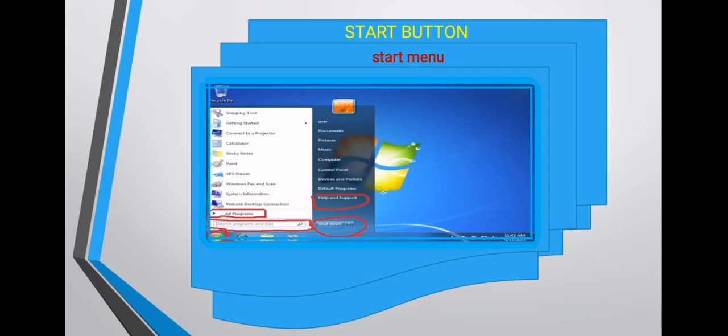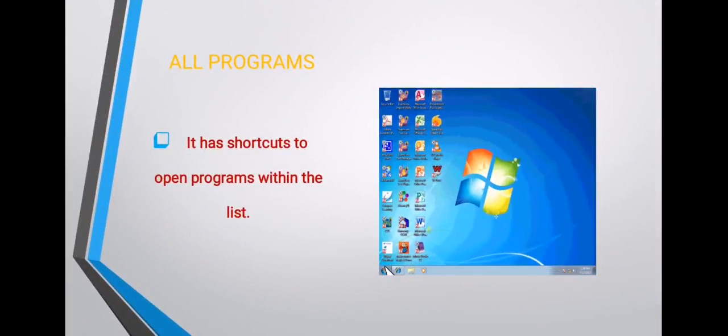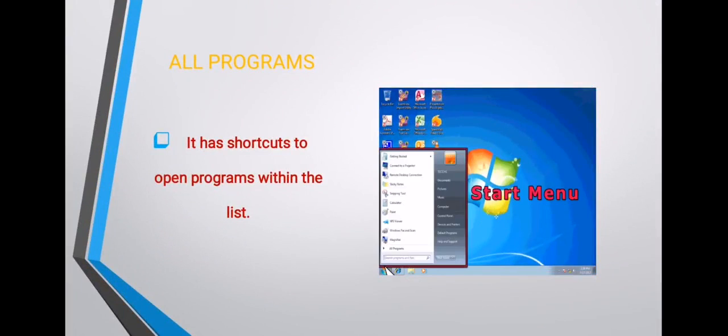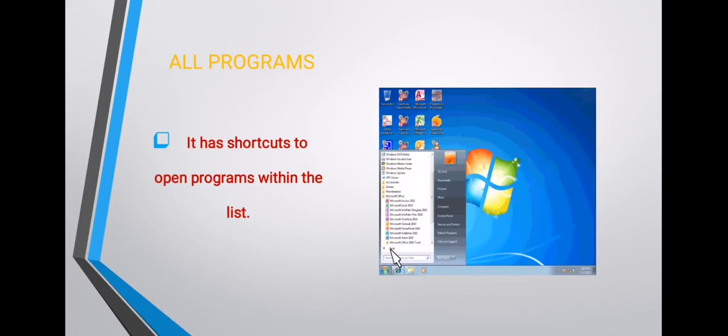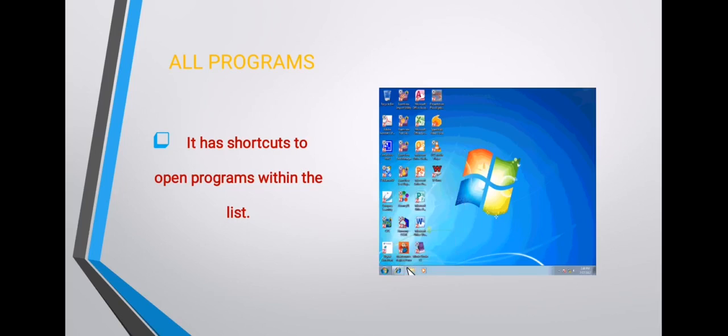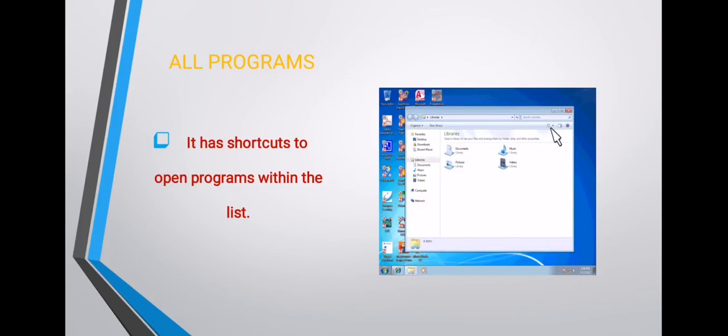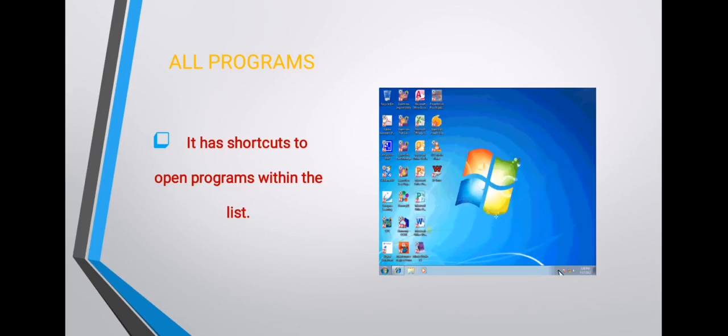Let's see the function of all programs. It contains shortcuts to open the programs. For example, if you need a Pantene shampoo sachet, the shopkeeper gives you the sachet hanging in front of the shop.